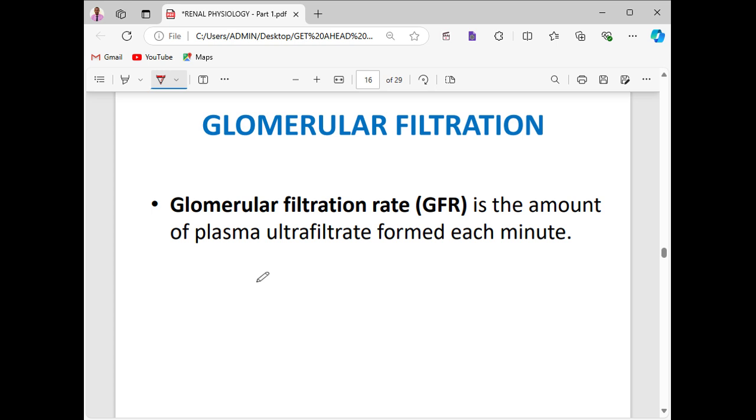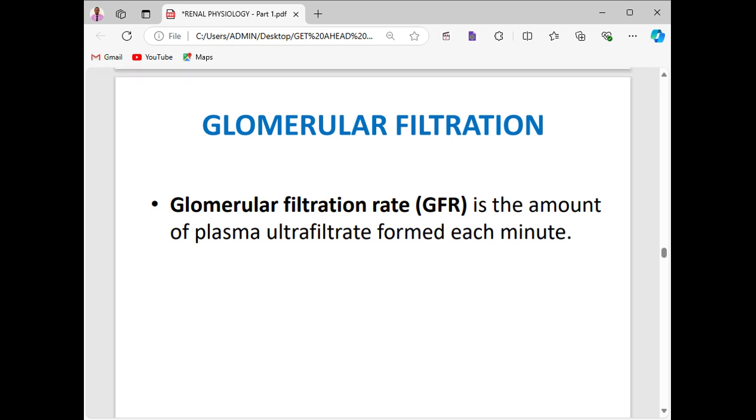The normal glomerular filtration rate of a normal adult is 125 milliliters per minute, or about 180 liters per day.